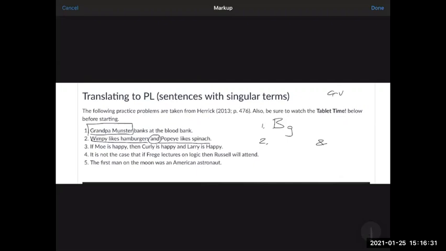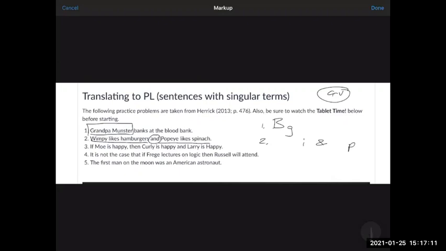Now we pick an individual constant for Wimpy. But remember, we can only use A through V, and W is after V. W is technically for variables, so we actually can't use a W here. So what can we do? I just always go to the second letter, so I'm going to use I for Wimpy. And for Popeye we can use a P. That's totally fine.